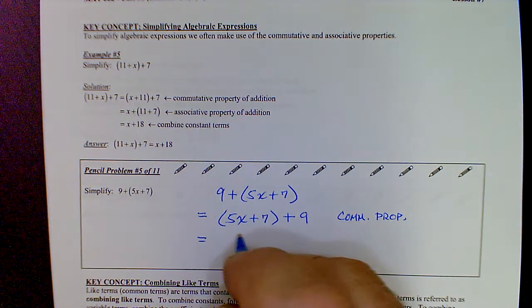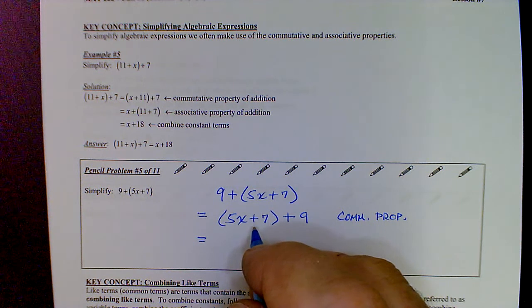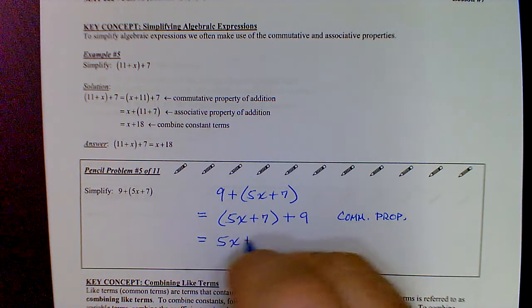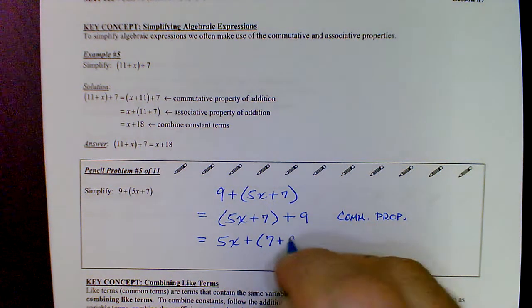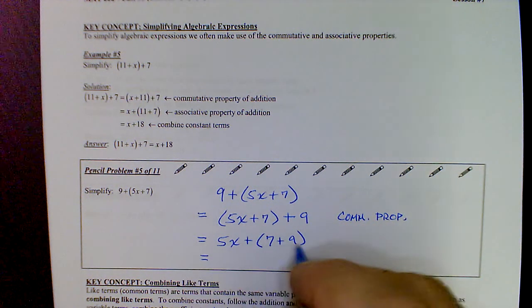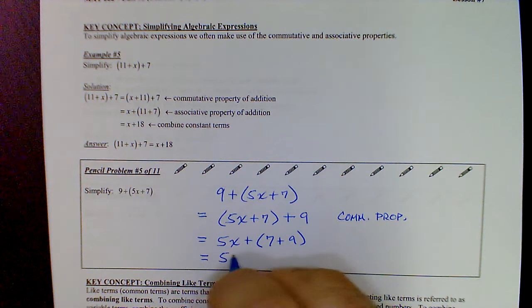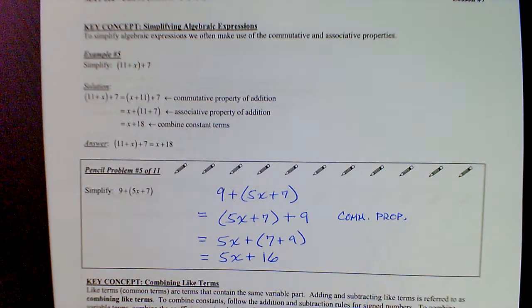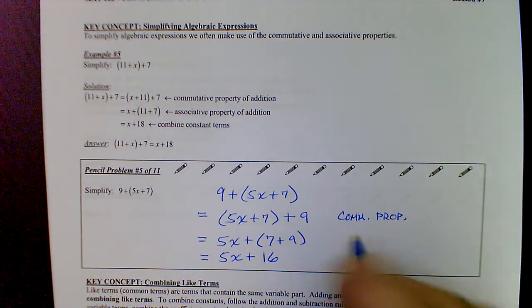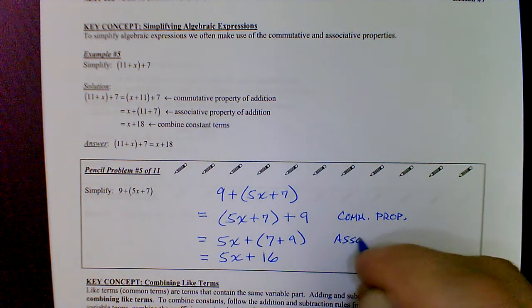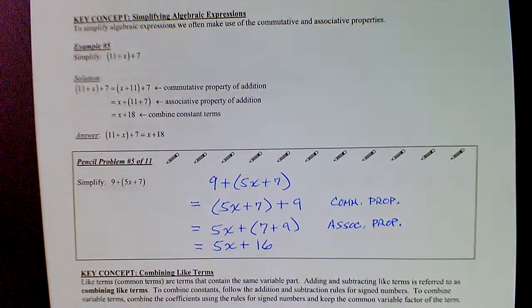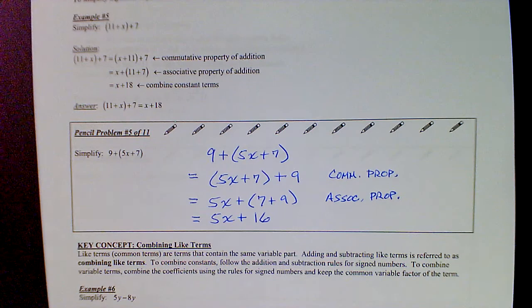And then instead of regrouping the 5x and the 7, we'll leave the 5x alone and group the 7 and the 9. And now since 7 and 9 can be combined, we'll leave the 5x and combine 7 and 9 to get 16. So the first step was the commutative property, and the second step was the associative property. But as we're going to see, it's not always going to be necessary to show those properties literally.